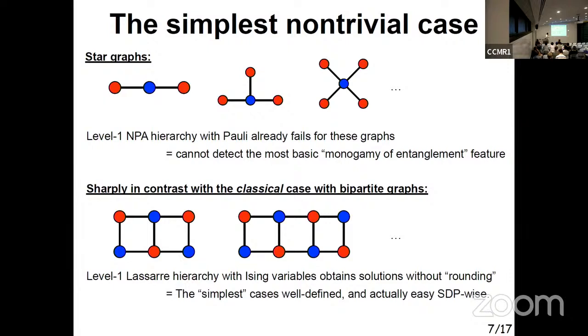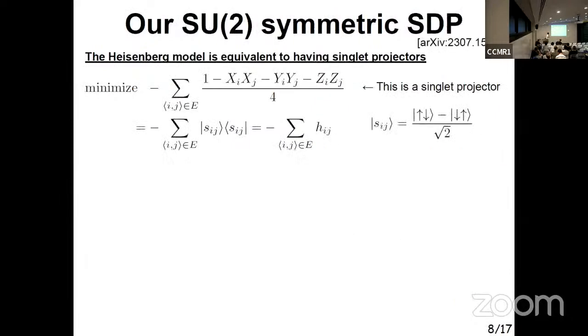Although semi-definite programming answers are supposed to be lower bounds of the true energy, for the classical cases with bipartite graphs, it already matches exactly the true ground state energy. So the level 1 classical Lasserre hierarchy was already enough for these trivial cases, whereas for the quantum case, the level 1 Pauli hierarchy does fail for even these most trivial cases. That's one reason to believe the Pauli hierarchy is not really nice in terms of tackling the quantum max cut problem.